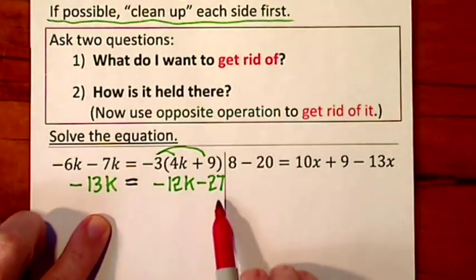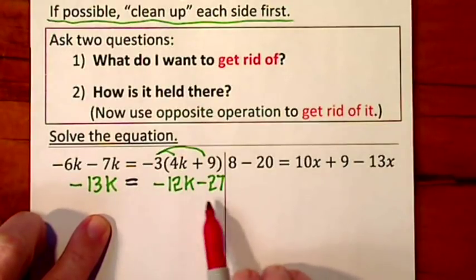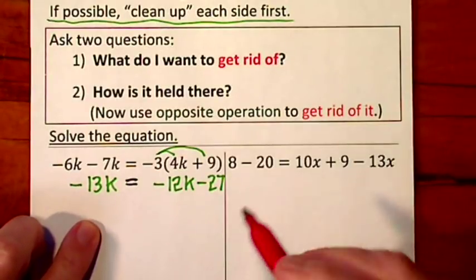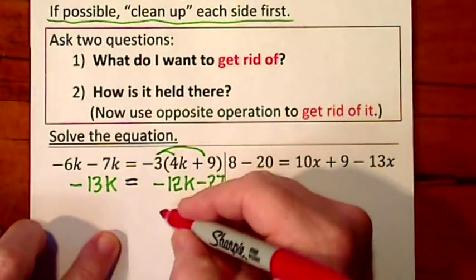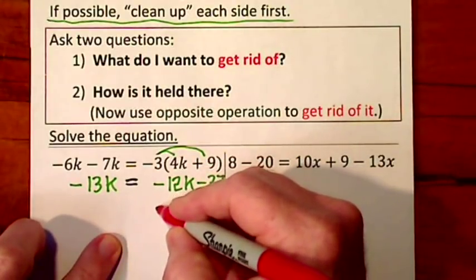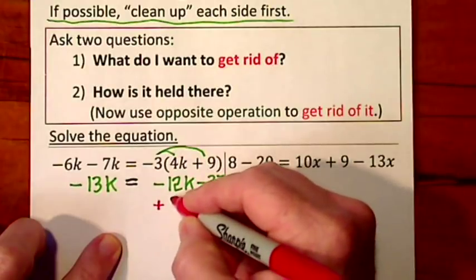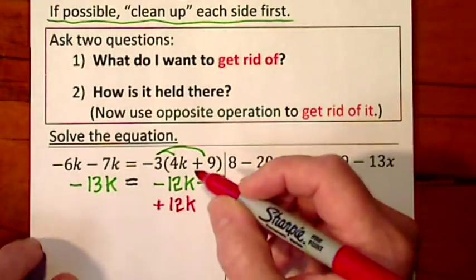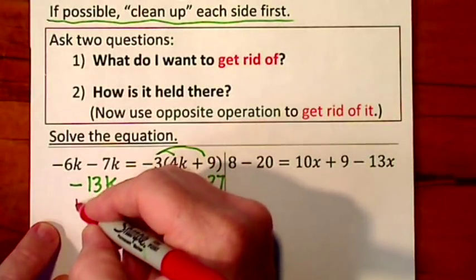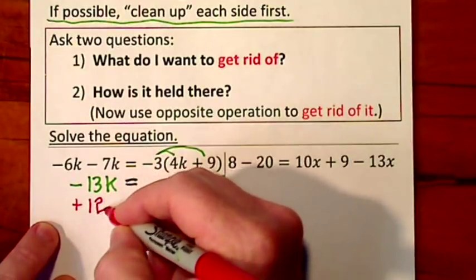But generally, I worry about the side of the equal sign that's the most cluttered. So that's negative 12k. To get rid of it, I'll put plus 12k. Go to the other side of the equal sign, plus 12k.